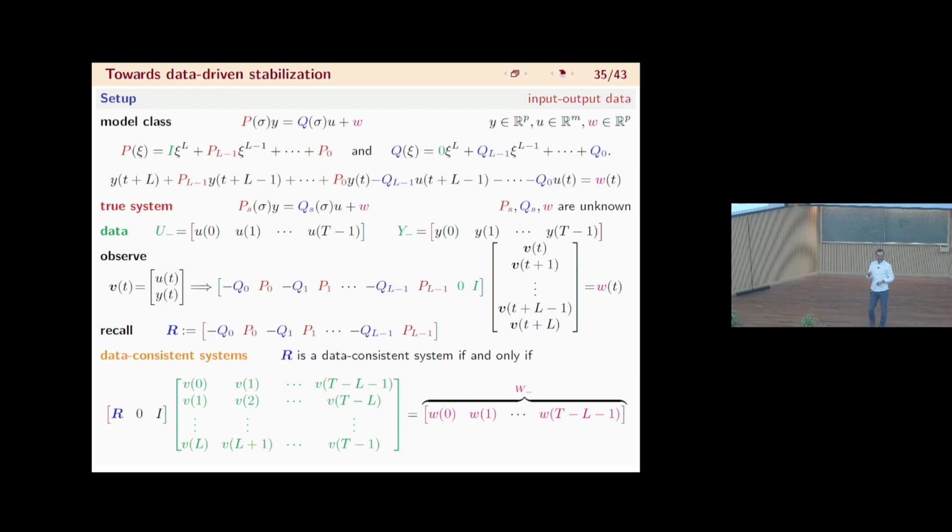I'm trying to figure out the data consistent systems. What I know is that this needs to be satisfied by the noise and the system parameters. And what I know is this data, finitely many data. So I write data into this green Hankel matrix. And when I multiply from left by R, zero identity, it generates me the noise matrix. It's an immediate consequence of the starting point.